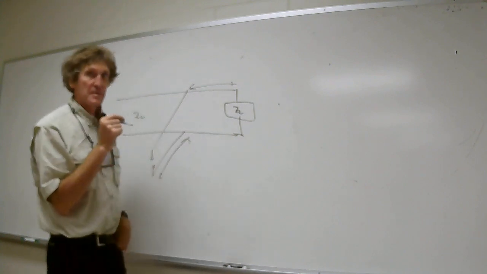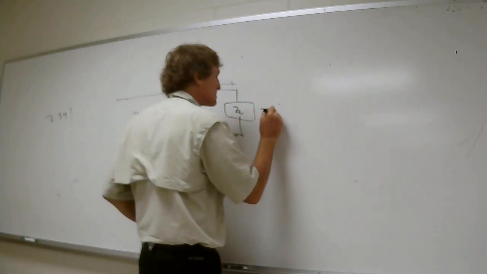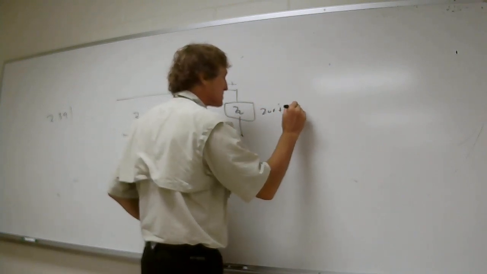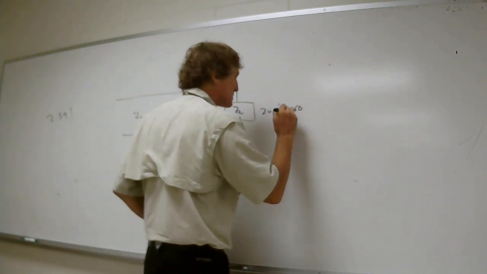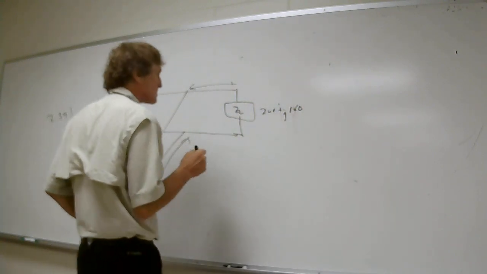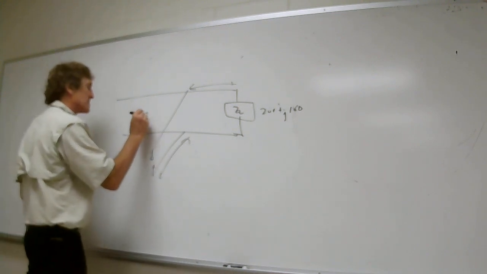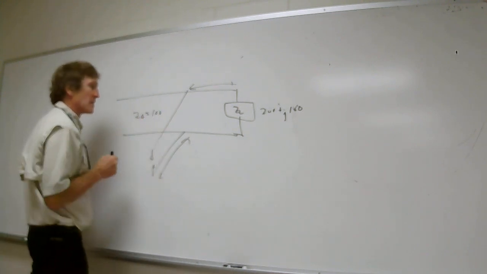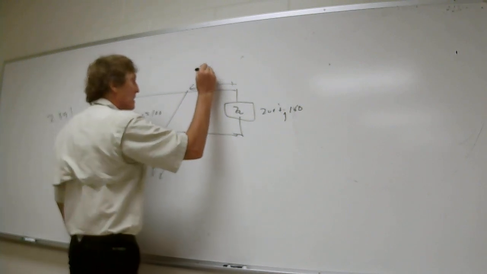ZL is 200 plus j160, and Z naught is, my bad, 100, right? Go ahead. Minimize the length of the shorted stub.